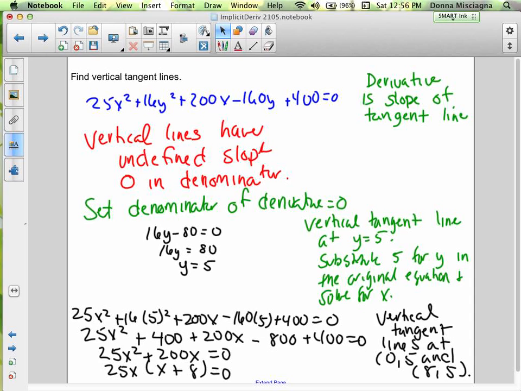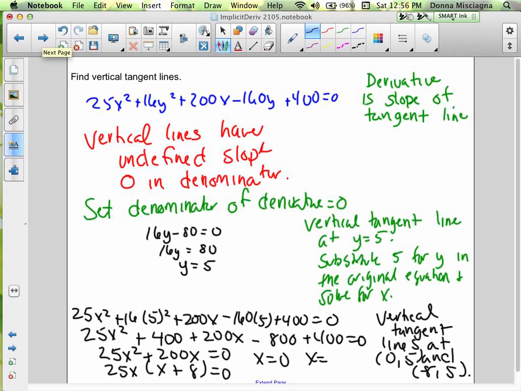And so you have vertical tangent lines at (0, 5) and (-8, 5), right? Because x here was 0 and x is -8. So that's where we have some vertical tangent lines.